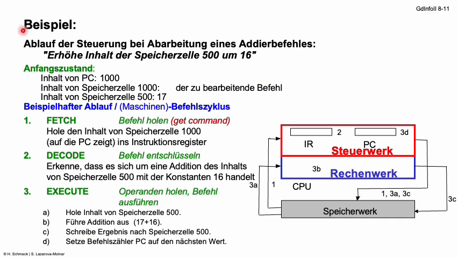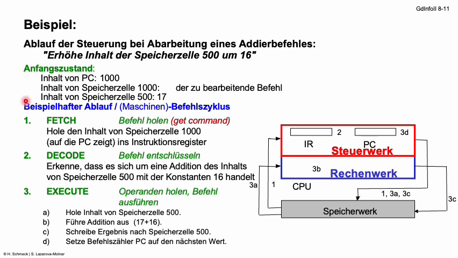And here we see an example of this fetch, decode, execute cycle. We are going to control the sequence when executing an adding command, which is: increase the content of memory cell 500 by 16.